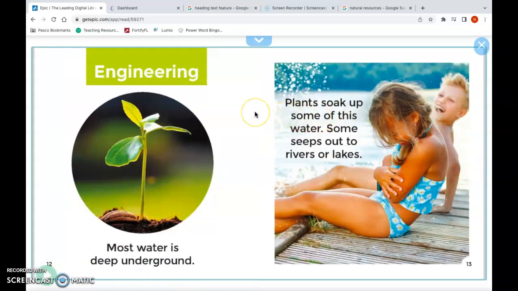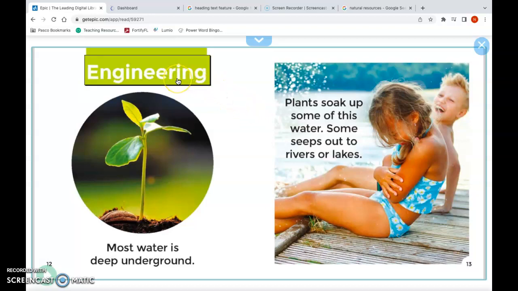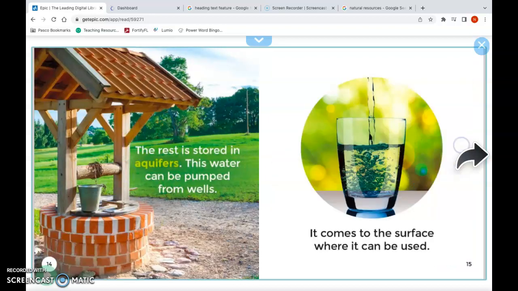Friends, do you see another heading on this page? Go ahead and point to the heading that you see on this page. If you pointed up here, you are correct. Ding, ding, ding. This is the heading engineering. So let's read these pages. Most water is deep underground. Plants soak up some of this water. Some seeps out to the rivers or lakes.